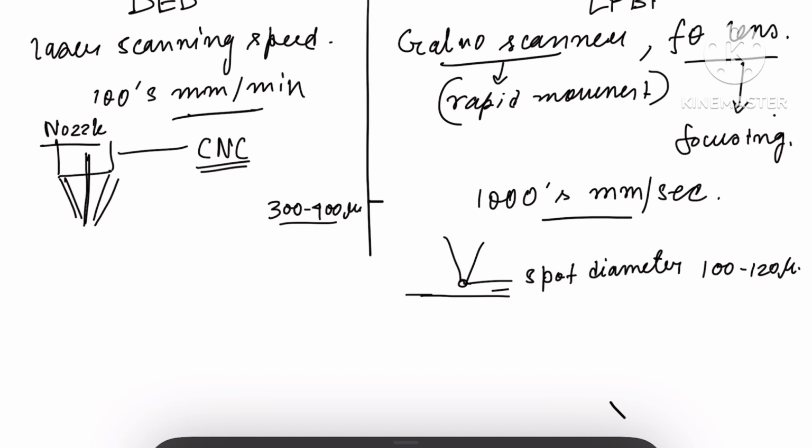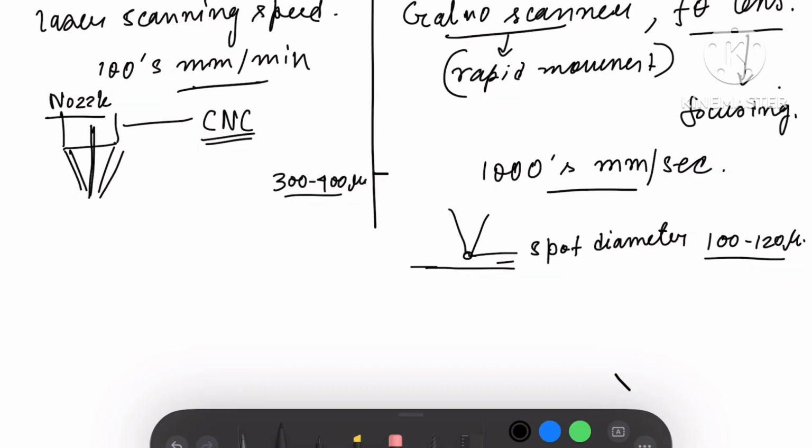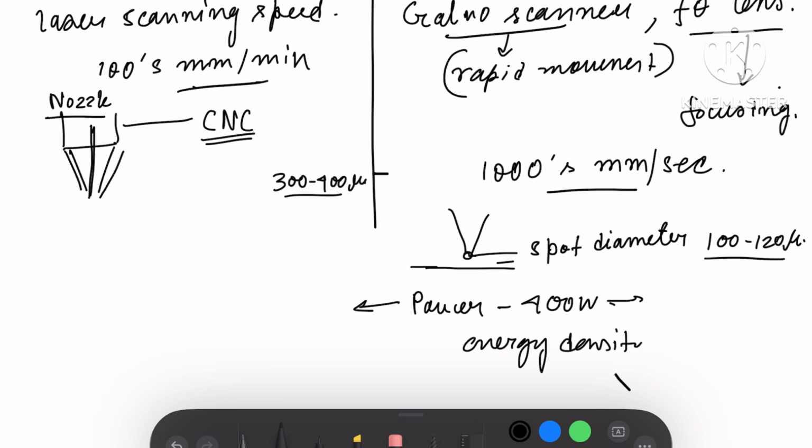So if I am delivering the same amount of power in both the cases, for example, if the power is 400 watt for both the cases, the energy density in LPBF will be much higher than DED, because energy density or power density is equal to power by the spot area, or energy by spot area.